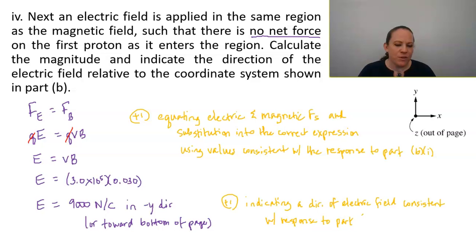Sorry, B1 or B2? Actually, I think that's supposed to be B part 2. Because again, if you incorrectly thought that the force on the proton would be downward from the magnetic field, and you'd drawn a curved path downward in B part 2, then you might think that the electric force would be upward now for there to be no net force. So again, this is another situation where you can still get full credit if a later answer is based on an earlier answer that you happened to have made a mistake in getting.